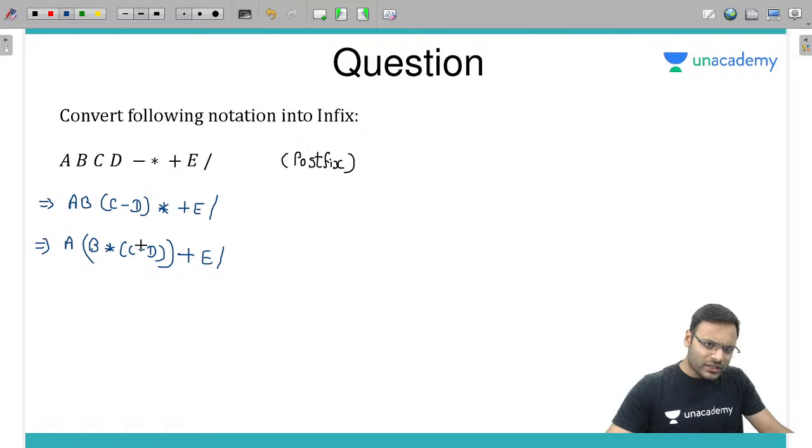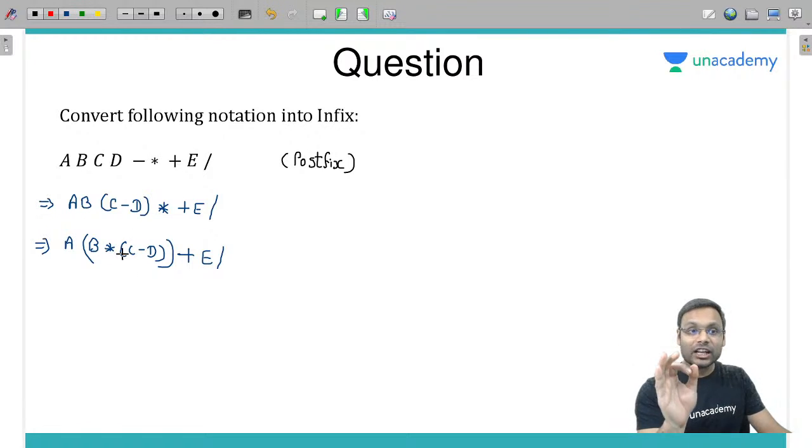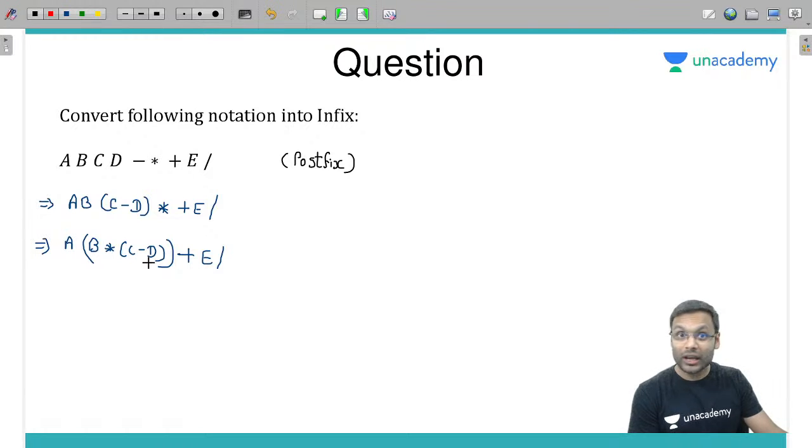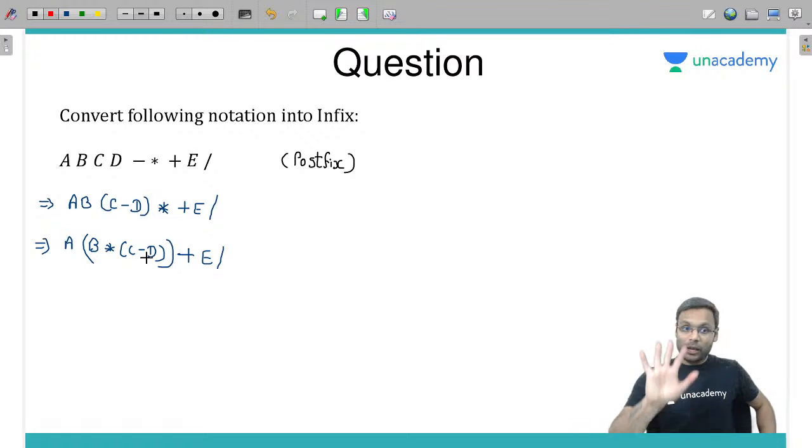Now, can I remove this inner parenthesis? If I removed the parenthesis, would you solve C minus D first? No, you would solve B into C, because multiplication has higher precedence. So can we remove this inner parenthesis? No. Keep it like that.